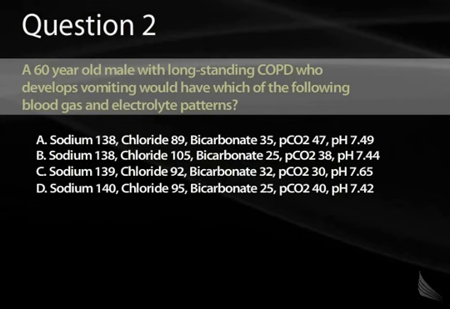We will review the clinical scenario to determine which would be the best answer. The question states that the patient likely has long-standing COPD, which suggests that the patient likely has a chronic respiratory acidosis. The only choice of the answers available that would suggest a chronic respiratory acidosis is A, where the PCO2 is increased.